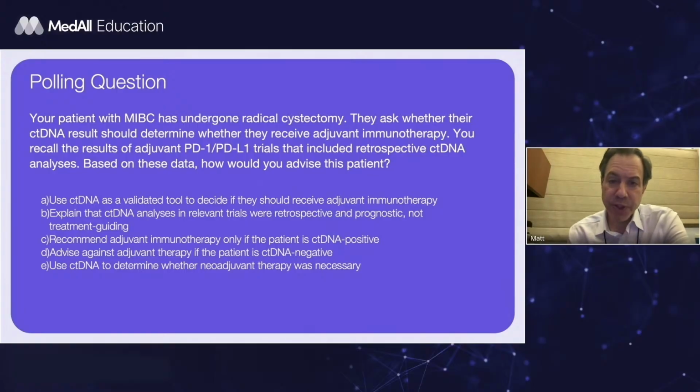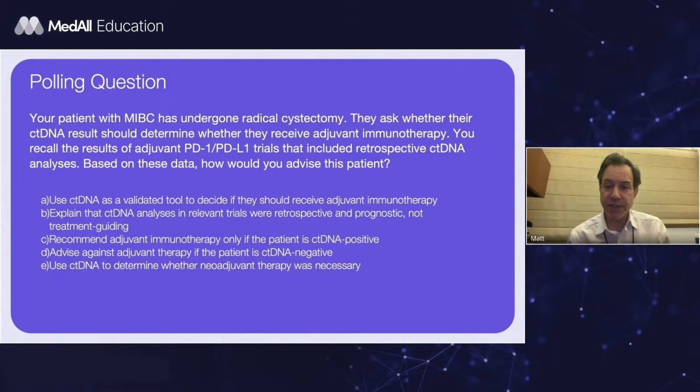So let's move to this polling question. Your patient with muscle-invasive bladder cancer has undergone radical cystectomy. They ask whether their ctDNA results should determine whether they should receive adjuvant immunotherapy. You recall the results of the adjuvant PD-1, PD-L1 trials that included retrospective ctDNA analyses. Based on these data, how would you advise the patient? Would you use ctDNA as a validated tool to decide if they should receive adjuvant immunotherapy?